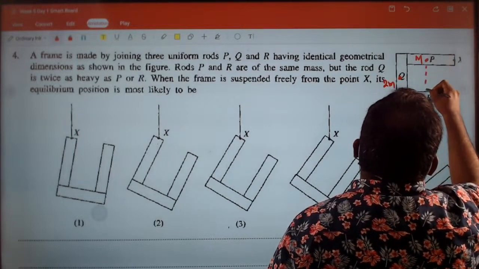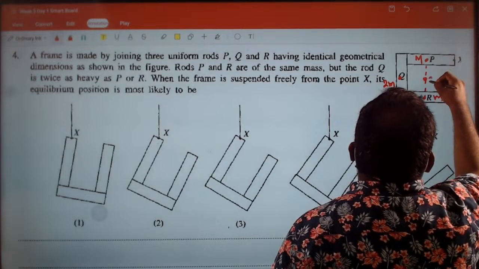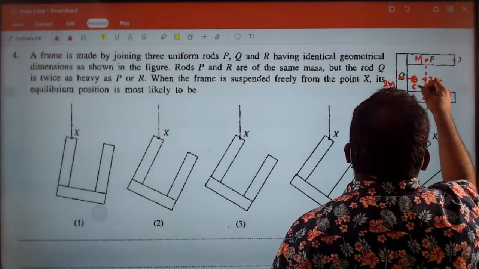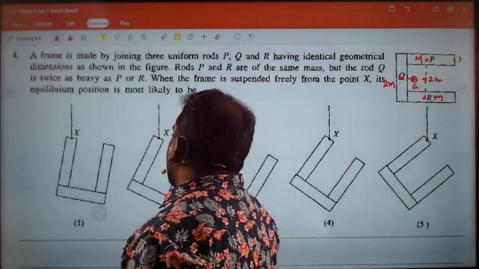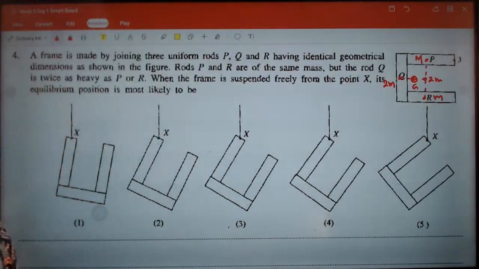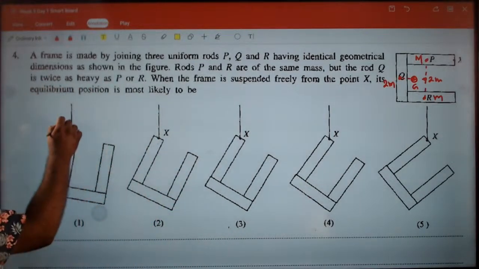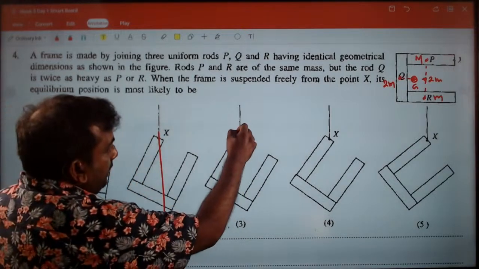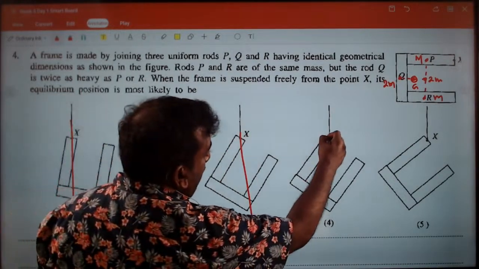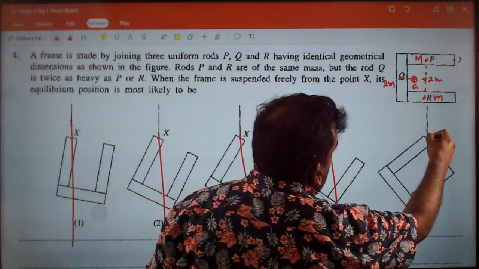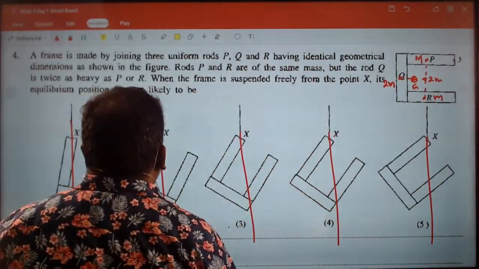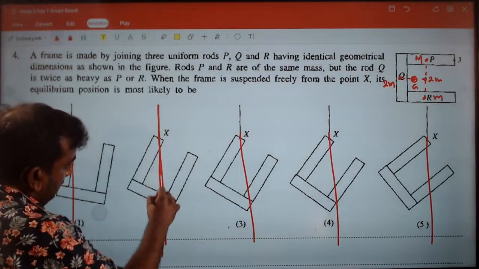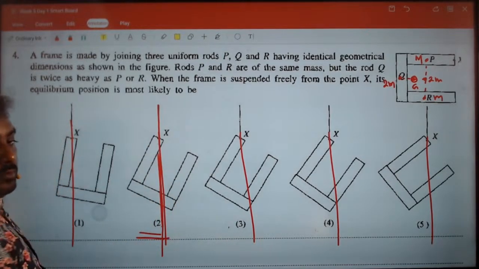If I join this in 1:1 ratio, 2m, again 1:1 ratio, the center of gravity is at the center there, right? So if you hang something, the vertical line should pass through the center of gravity. So I think the most suitable is answer number 2, right there.